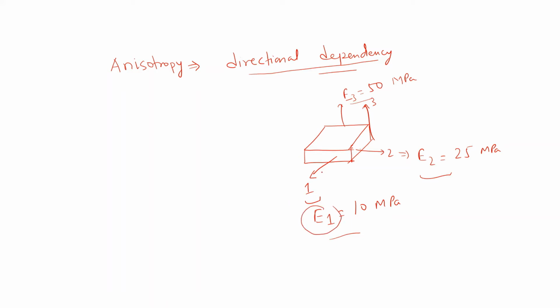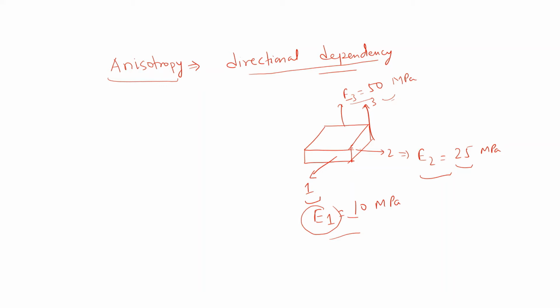In one direction it is this value, in the second direction transverse to it it is 25 MPa, and in this direction it is 50 MPa. So in different directions the values are changing. This is the directional dependency. The material properties are changing with the direction. This is called anisotropy, and here it is changing in three perpendicular directions.